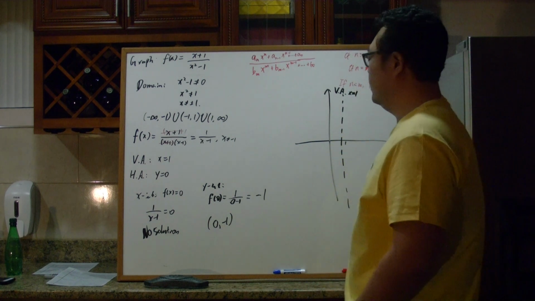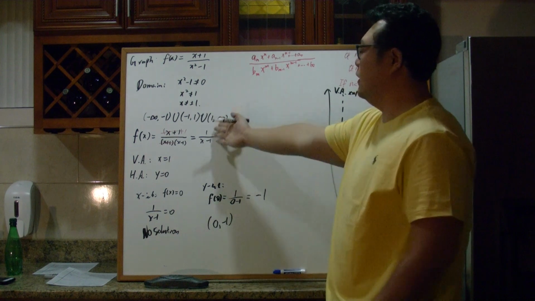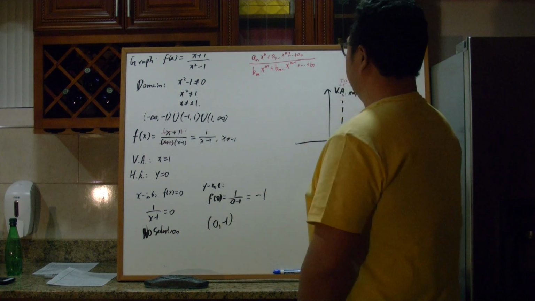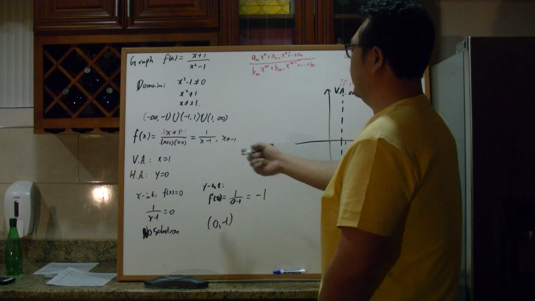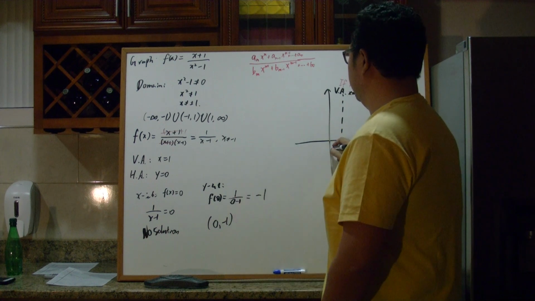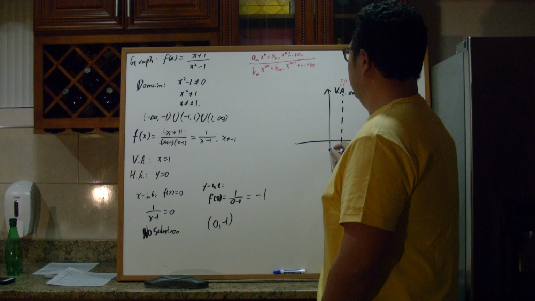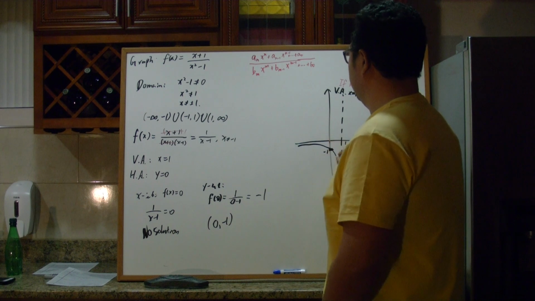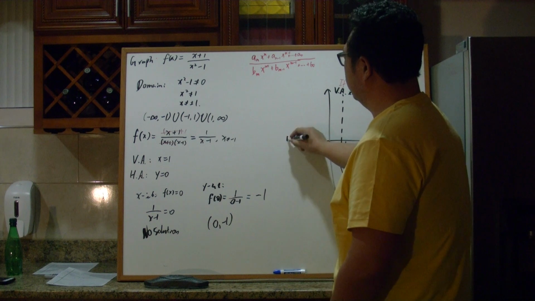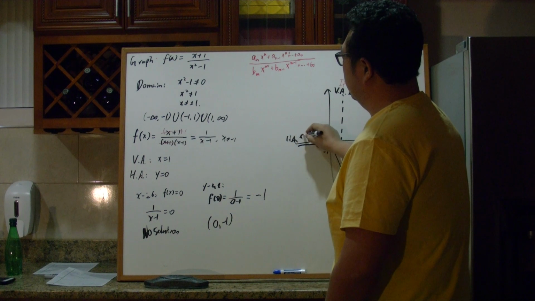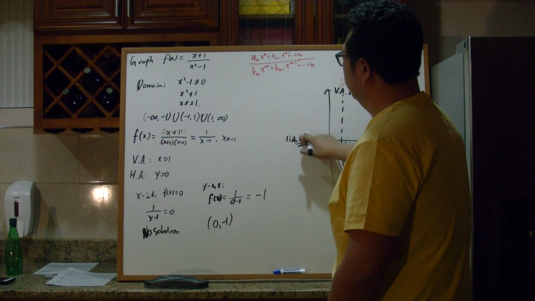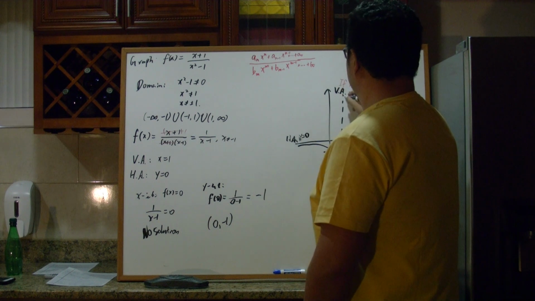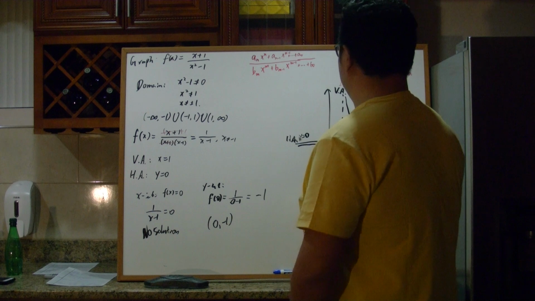The rational expression is pretty clear, and it will be two pieces. With 0, negative 1 as the y-intercept, the graph will be this, since we have the horizontal asymptote at y equals 0, and the other piece will go the other way.